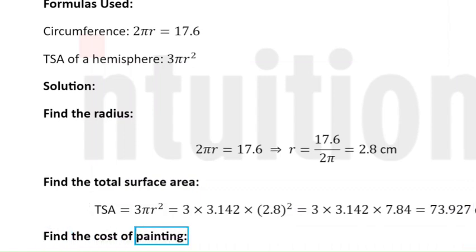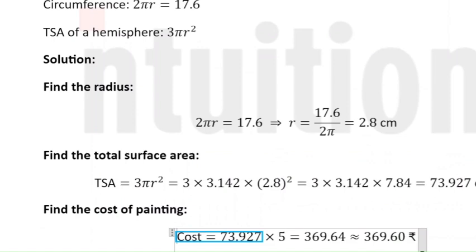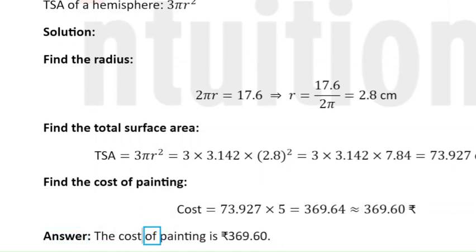Find the cost of painting. Cost equals 73.927 times 5 equals 369.64, approximately 369.60 rupees. Answer: the cost of painting is 369 rupees and 60 paise.